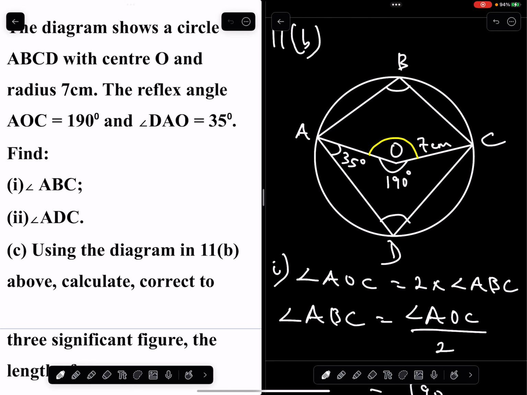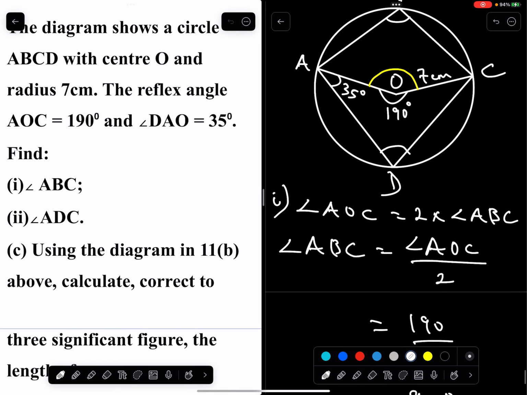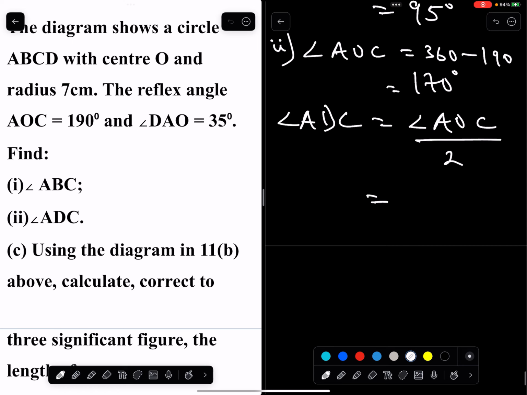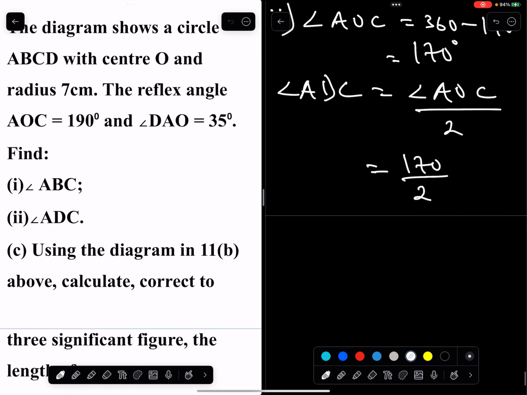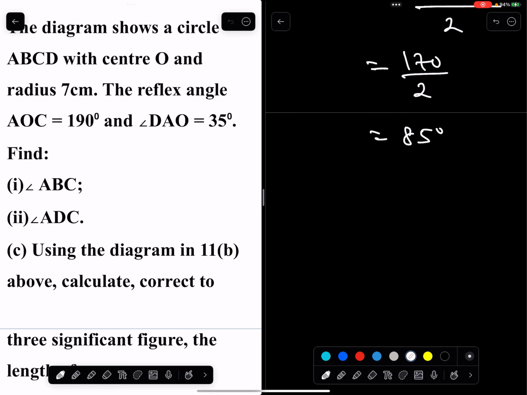This angle is twice this one, so if we want to find this one, we have to divide this one by 2, and that's what I'm doing. That simply means angle ADC equals 170 over 2, and that's equal to 85 degrees. Now let's see what's the next one.